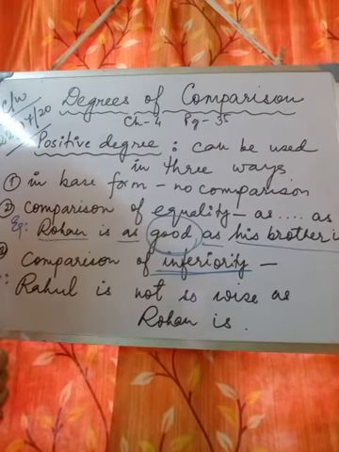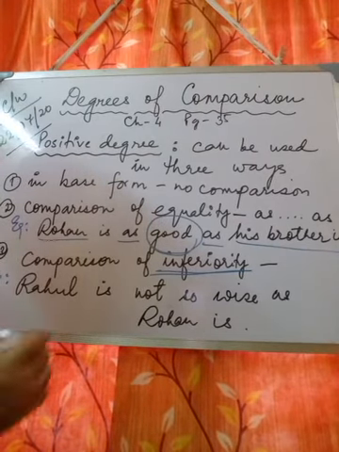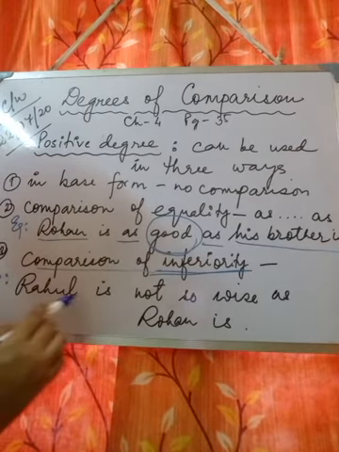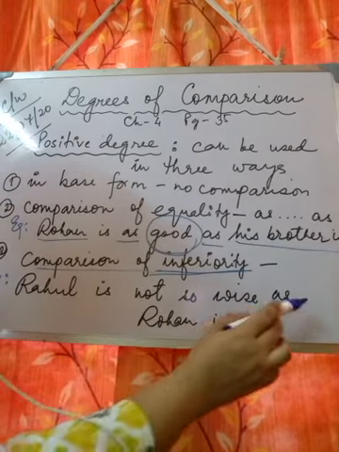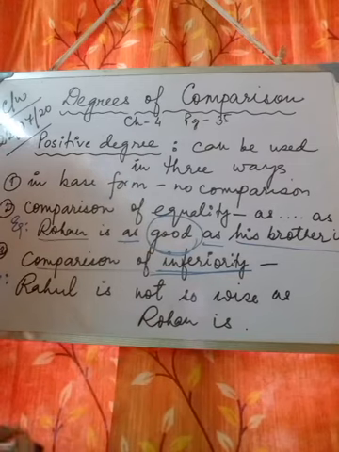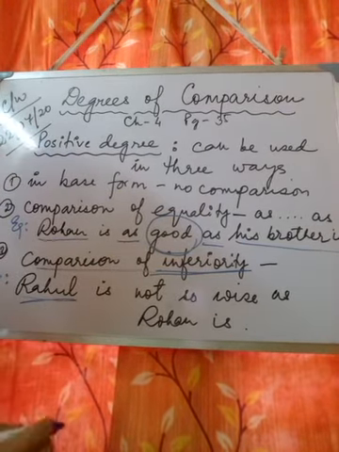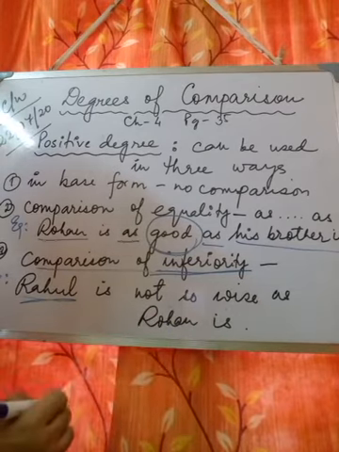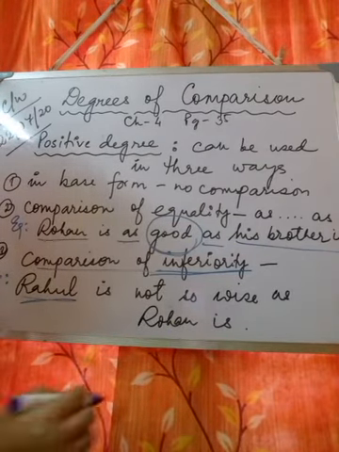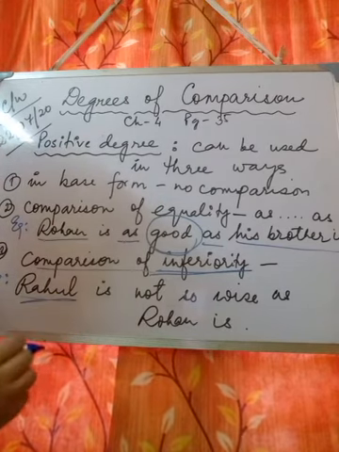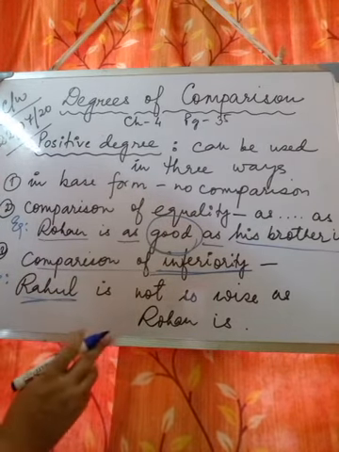So positive degree of adjective can also be used to make comparisons of inferiority. Rahul is not so wise as Rohan is. So we find that clearly Rohan is said to be wiser than Rahul, and Rahul is inferior in terms of wisdom. So this is comparison of inferiority which is implied by this sentence.